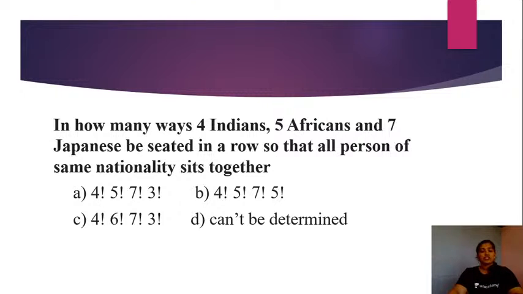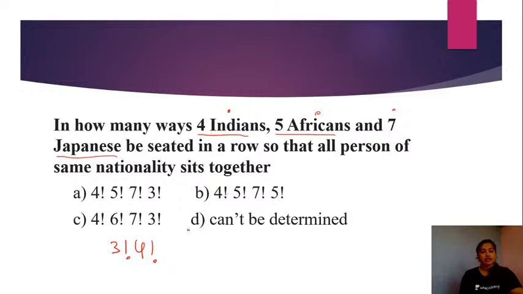So here in the question they are given all the people of same nationality will be seated together. So all the 4 Indians would be together, all the 5 Africans would be together and all the 7 Japanese would be together, right? So all of them are going to be single entities here. So we have 3 different single entities students. So their arrangement can be done in 3 factorial ways, right? Now among the Indians we have 4 of them. So these 4 could be arranged in 4 factorial ways.